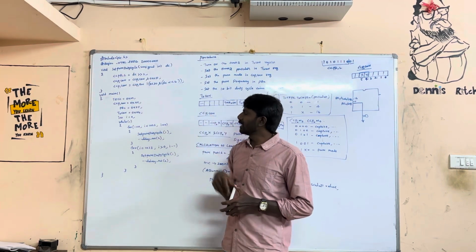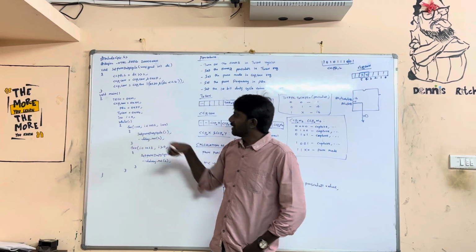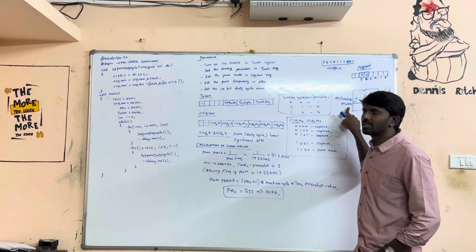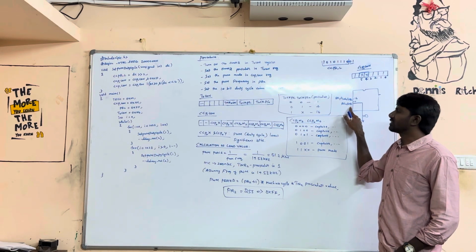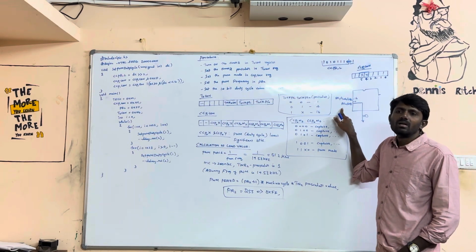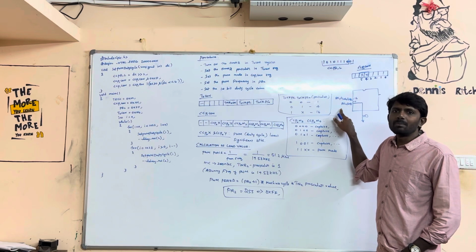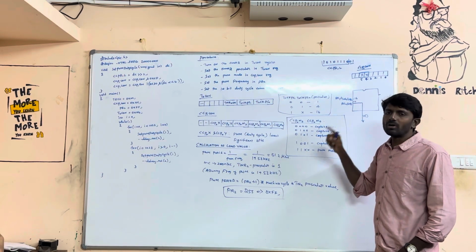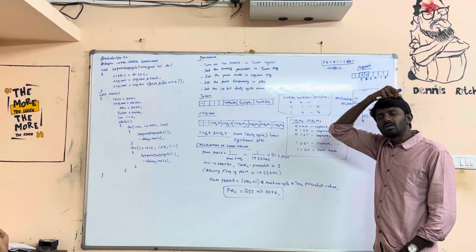Okay. Next, coming to the main function. In the main function, the CCP1 channel is in which port? In C port. In C port we are connecting one LED. So the C port I am configuring as an output port.